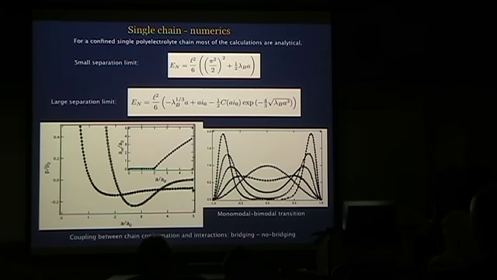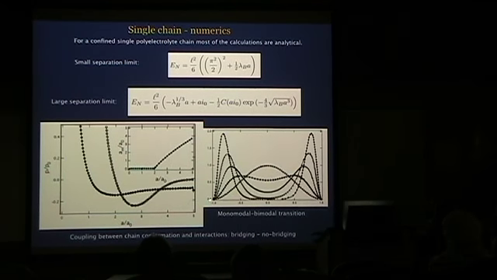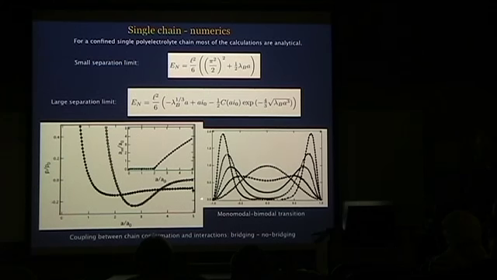I just rescaled everything. So you see that at small separations, the distribution of monomers is what we refer to as monomodal. Most of the monomers are in between. And there's a steric interaction because you're starting to squeeze the monomers into a smaller space. But the distribution is monomodal.